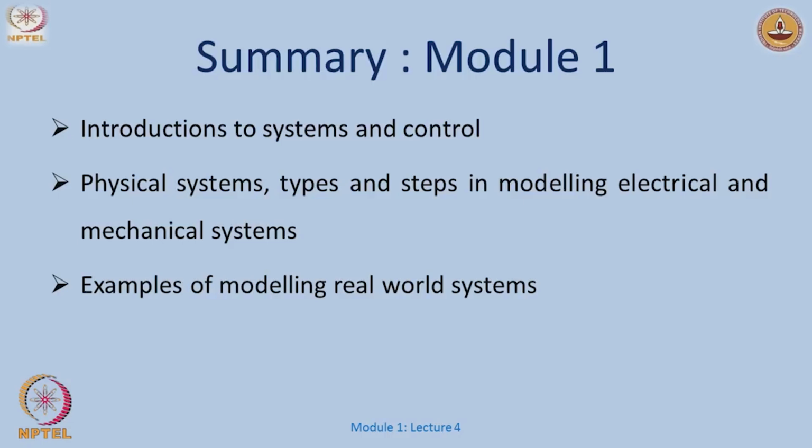Okay. So, what we have learned so far is a very general notion of systems. What we could do with systems in terms of control: open loop control and closed loop control. We classified systems into two types of physical systems which we dealt with extensively, electrical and mechanical systems, and we also saw how to build models or approximate all these real world phenomena in terms of some basic elements from electrical and mechanical systems.